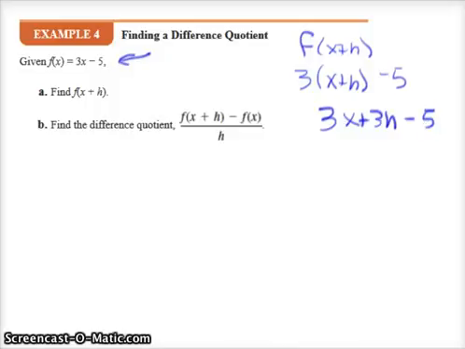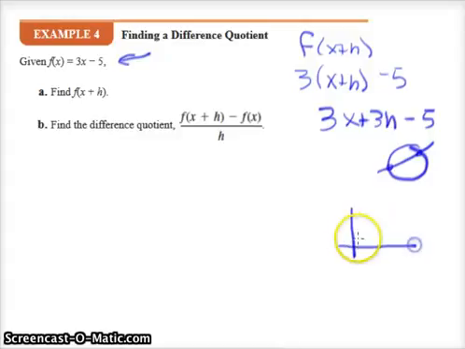Now this question says find the difference quotient. Let me explain. You don't have to make a big mystery over calculus here. You remember from geometry, this line's called a secant line. If I have some kind of function and I want to estimate the slope, I could construct what's called a secant line.